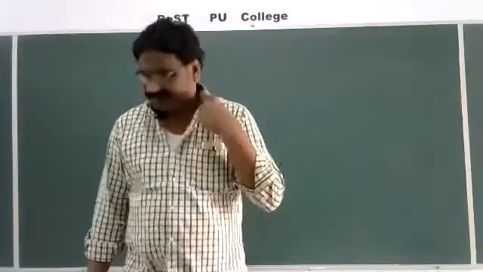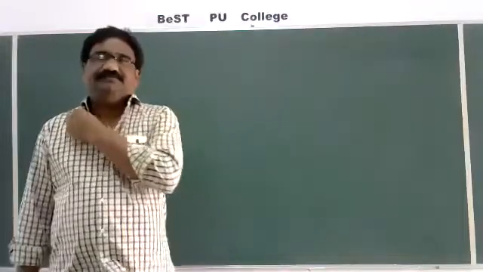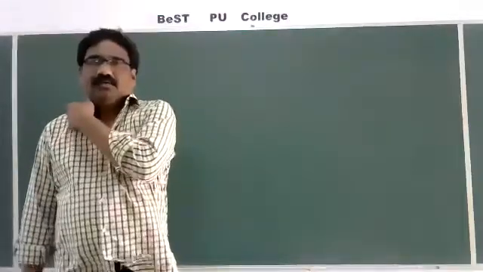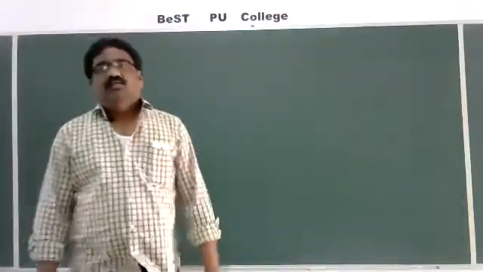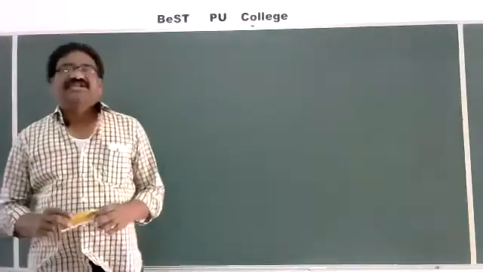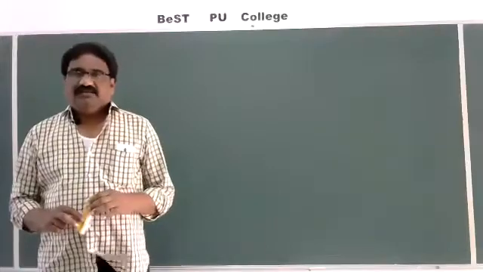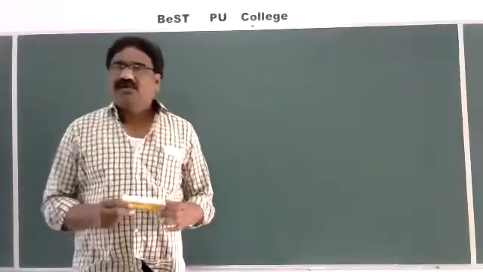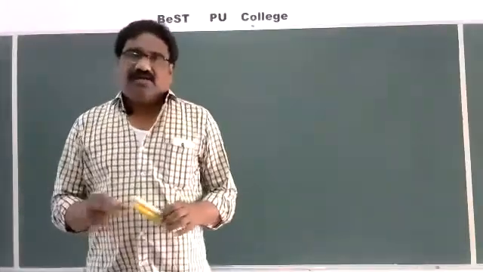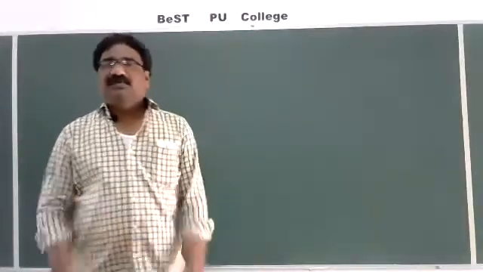Good morning, students. Yesterday we discussed what is meant by inclination of a line, and what is meant by slope of a line, and we proved the formula of slope of a line.